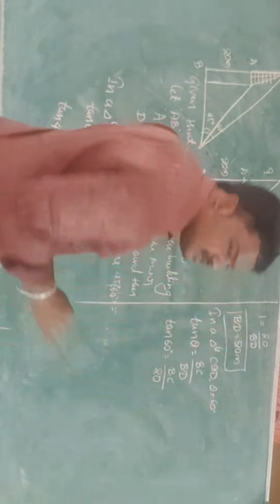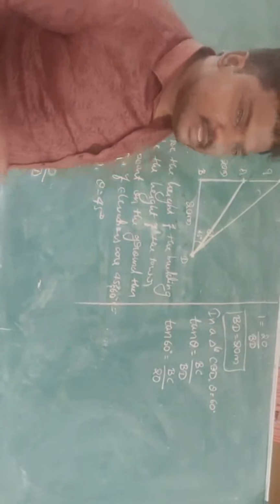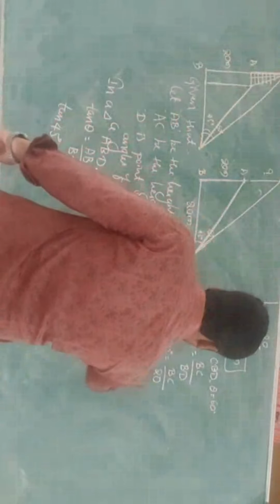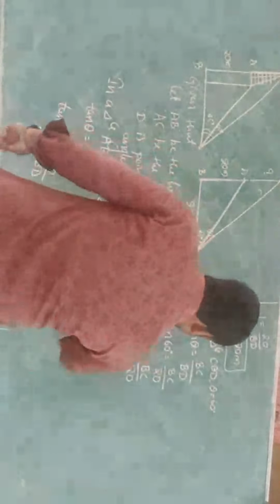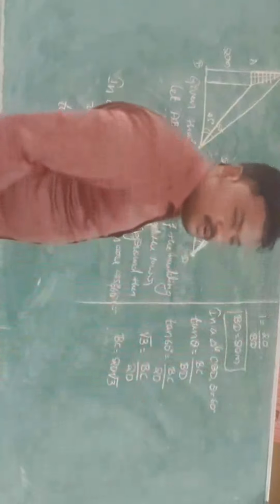Tan 60 is root 3. Am I right? Tan 30 is 1 upon root 3, tan 60 is root 3. So root 3 is equal to BC upon 20. Cross multiplication, BC is equal to 20 root 3 meter.